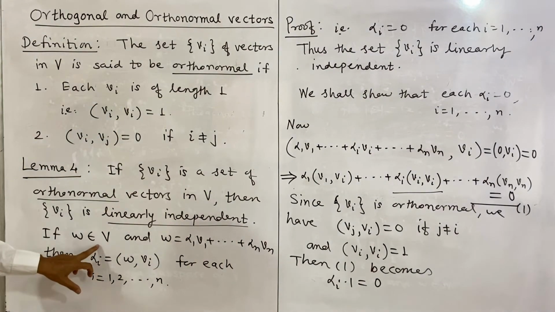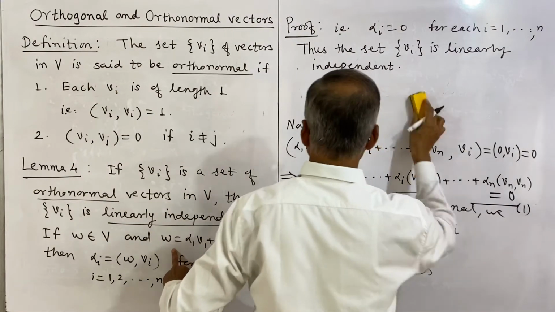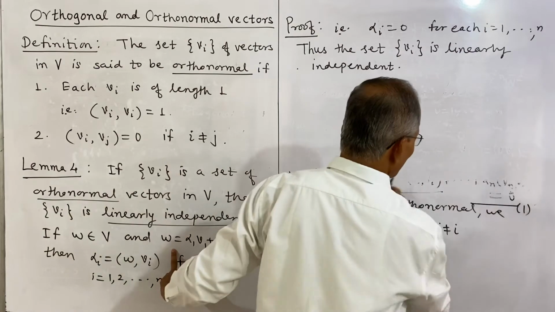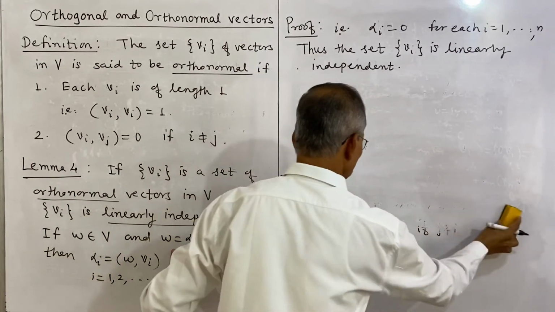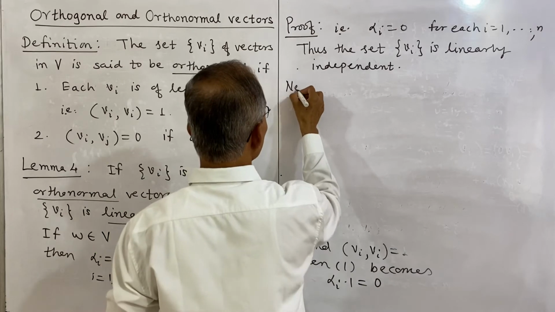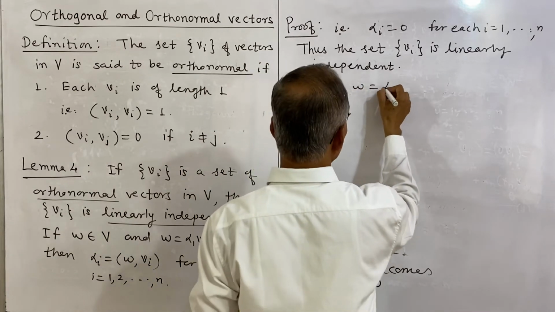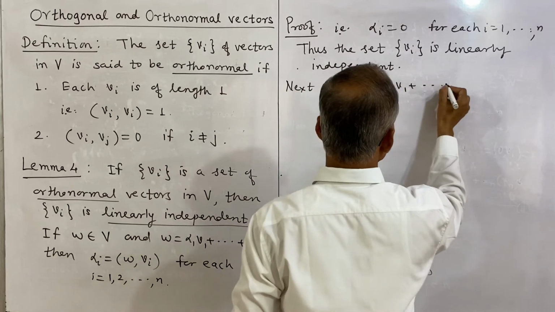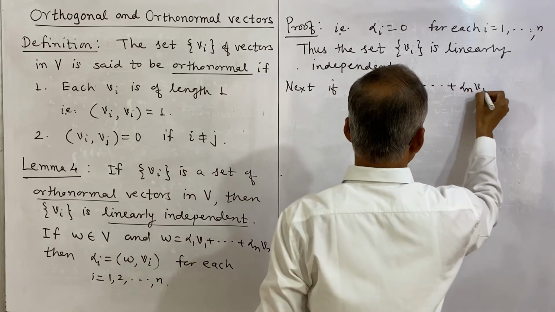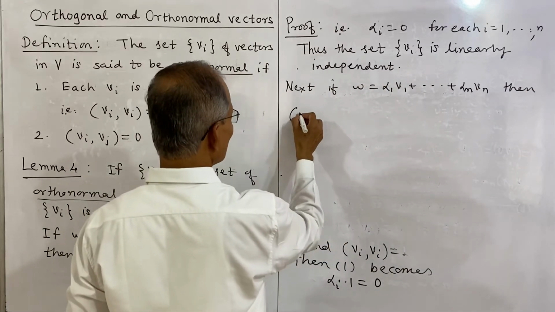Now the next result is, let w belong to V, and w having this expression, that is the second part in this lemma. Let w be equal to alpha 1 v1 etc. Then we shall consider the inner product of this w with vi.